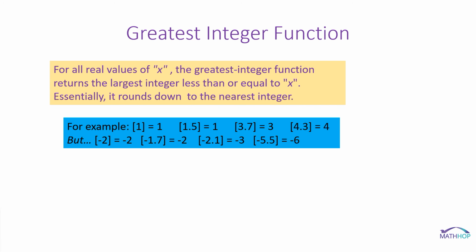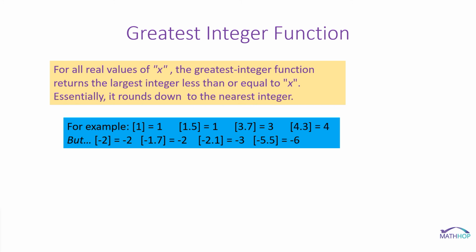So if you put an input of 1 in, you get 1 out. You put an input of 1.5 in, you get 1 out. It doesn't round to 2, but remember, we're doing the lowest nearest whole number. 3.7 also rounds down to 3. 4.3 also rounds down to 4. Now, it doesn't get confusing until you look at your negatives. So an input of -2 would return -2. That makes sense.